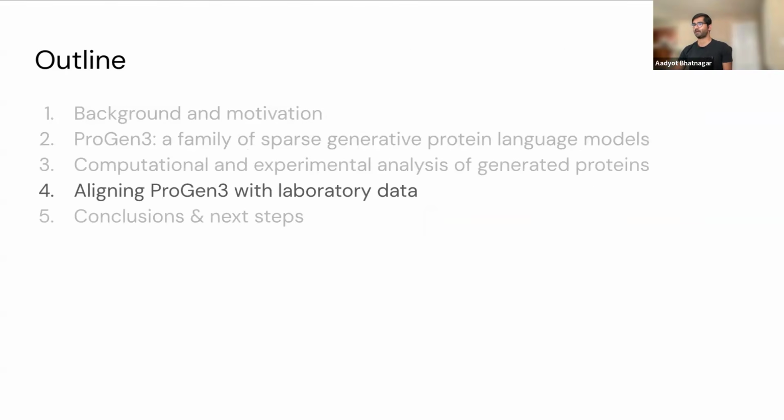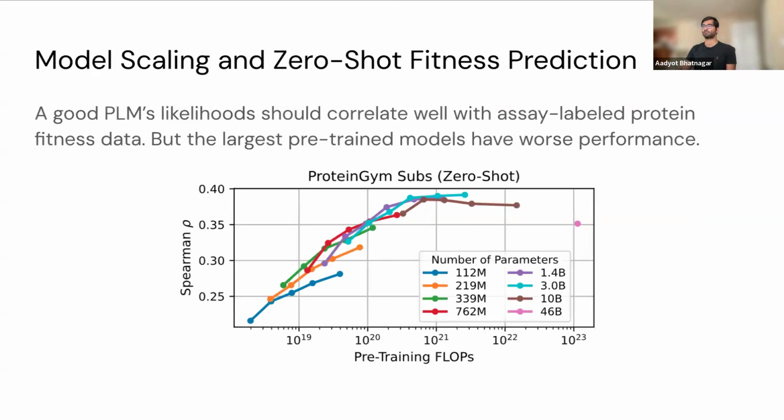Cool. So yeah, now let's switch gears and start talking about alignment. I want to get back to the point I mentioned towards the start of the presentation around model scaling and zero-shot fitness prediction. As a community, we've largely decided that one of the ways we determine how good a PLM is, is how well its likelihoods, zero-shot, correlate with assay-labeled protein fitness data.